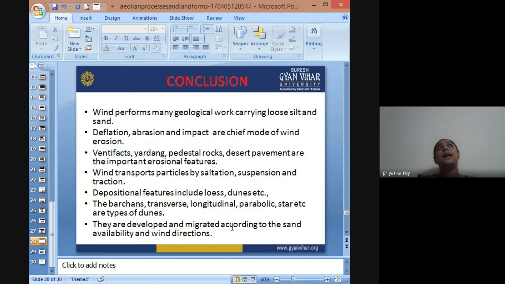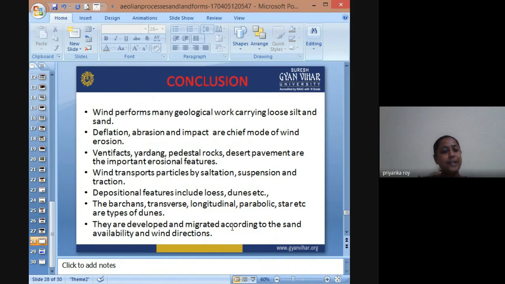Then we have yardangs, also a very good example of abrasion. And attrition is the impact of wind on smaller particles suspended in the air, when they collide with each other and disintegrate further.